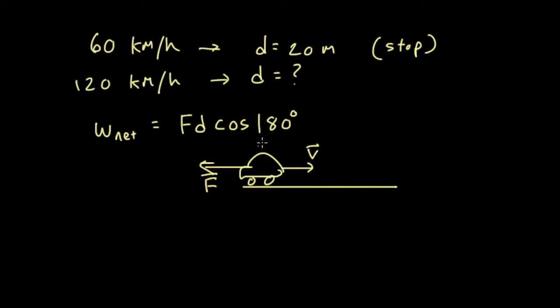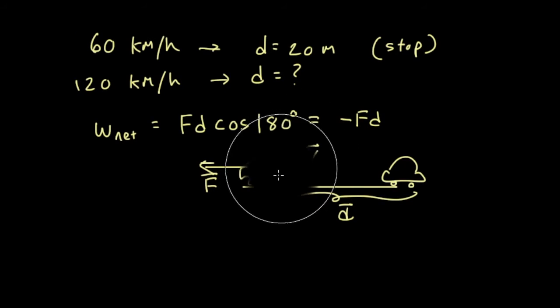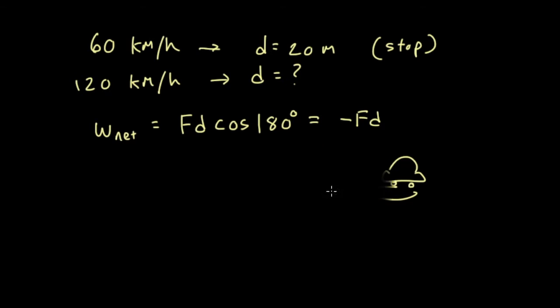So actually the direction of motion, if it stops over here, this would be our displacement. The direction of displacement is opposite the direction of force. So we have 180 degrees, and we can write minus Fd here. Okay, so I'm going to erase this drawing.